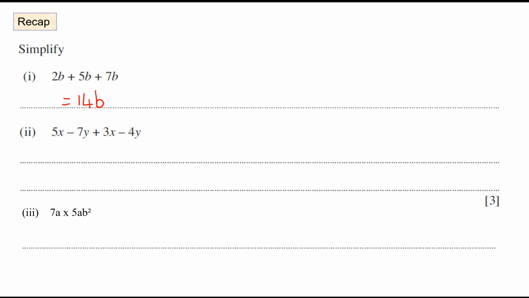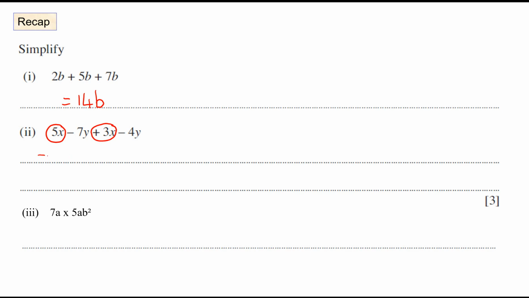Okay, part 2. Now remember that we can only collect like terms, and like terms have got the exact same unknown. So here we have got different terms, so let's circle this 5x and see if there's a like term to that. Yes, here, plus 3x. Remember, we must circle that sign with it as well.